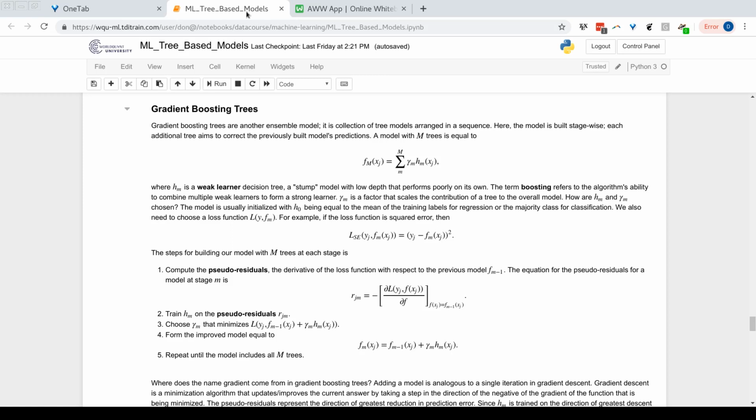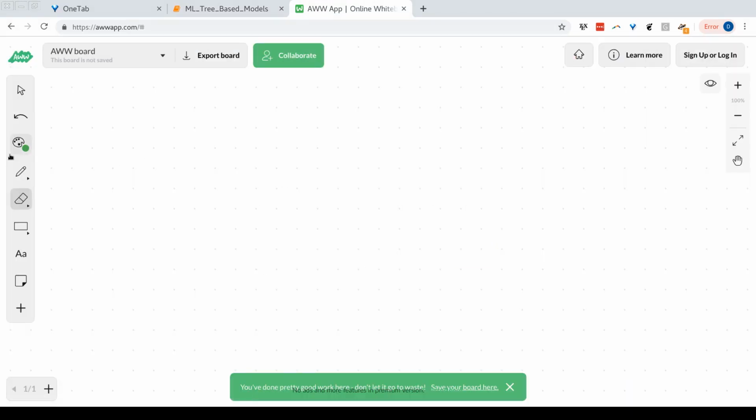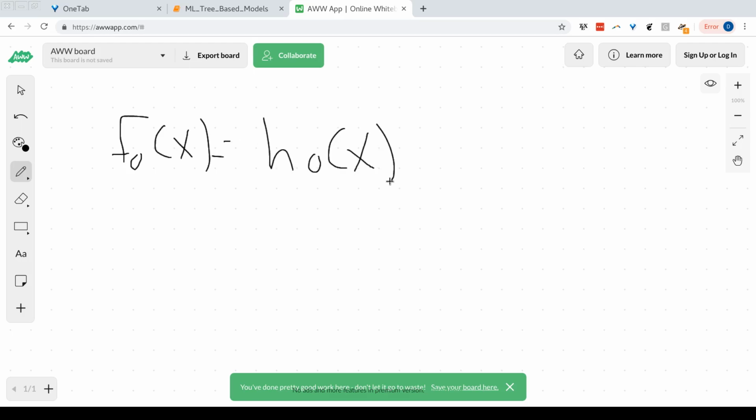So let's discuss the construction of our gradient boosting trees. Let's take the realm of regression for this example. What is typically done is that we start off with a very simple model. We say f of naught of x is equal to h of naught, where h's refer to our weak learners.